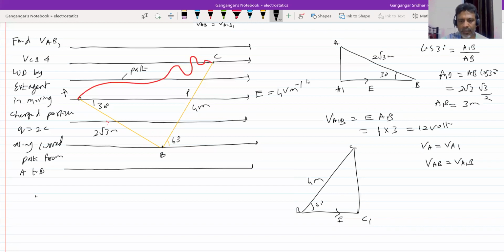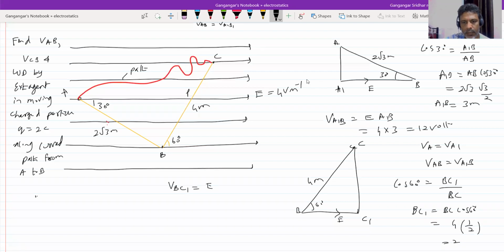This is from the previous conclusion. Now BC1 has to be determined. Cos 60 equals BC1 by BC. The value of BC is 4, cos 60 is 1 by 2, so 2 meter. Therefore, VBC1 is equal to E into BC1. This is 4 into 2, 8 volt. So if you want VAC, that also you can calculate.